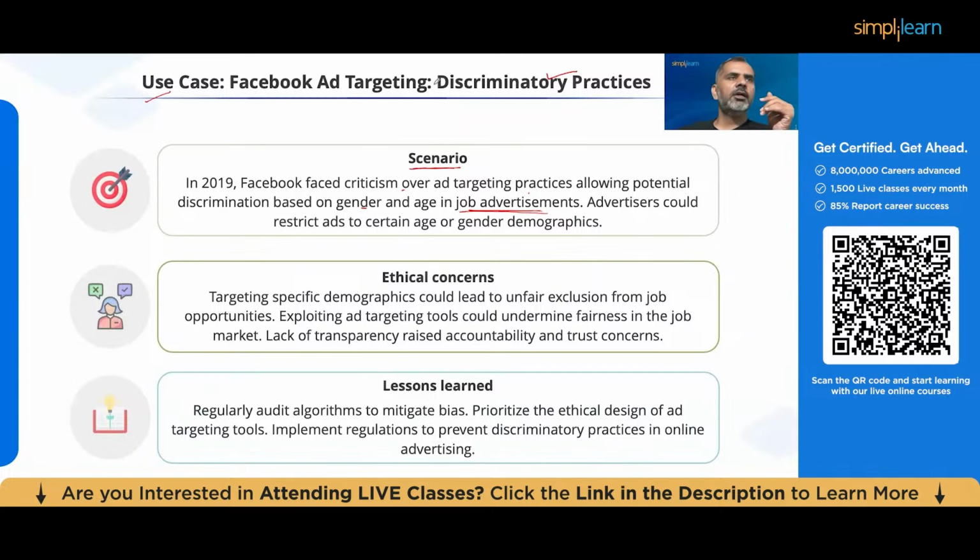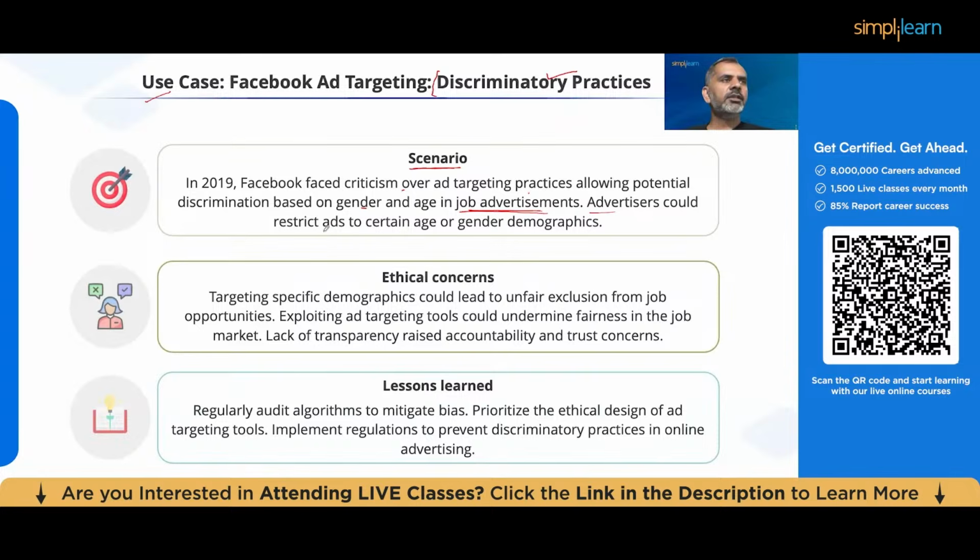This is where we talk about discriminatory practices. Other people will not get the recommendations for those job openings, and they feel discrimination, so they will not get a chance to appear for that.